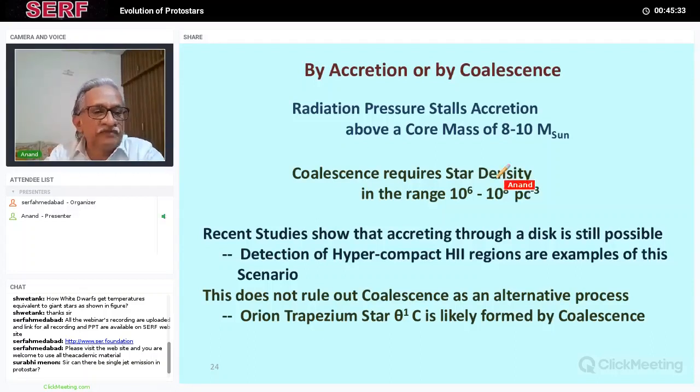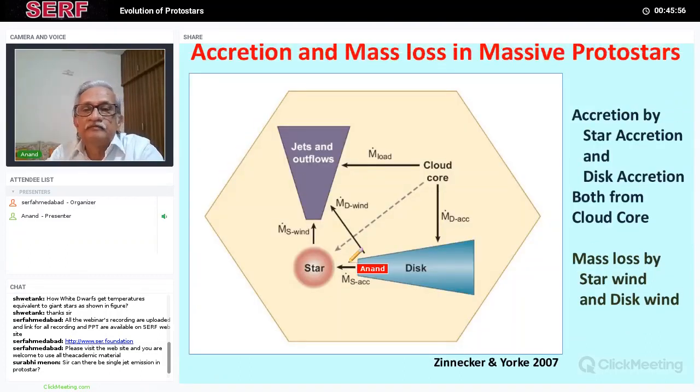That is possible. But recent studies have shown that accreting through a disk is also possible in high mass stars. You don't have to go for coalescence, but that doesn't rule out coalescence as an alternative mechanism. Okay, so that's what we are now going to see.